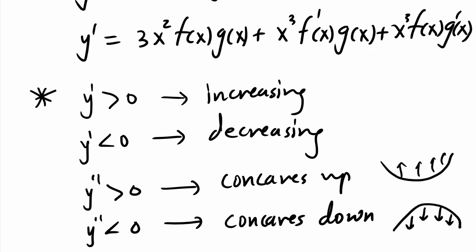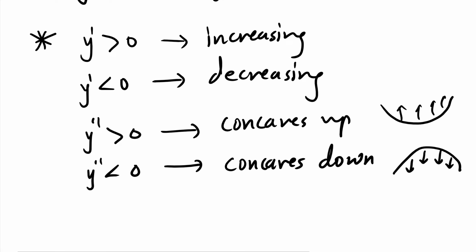So find a couple of examples from the book where you can go over how you sketch functions with some information. They tell you it's increasing from this point to this point, concave up from this point to that point, and so on and so forth.